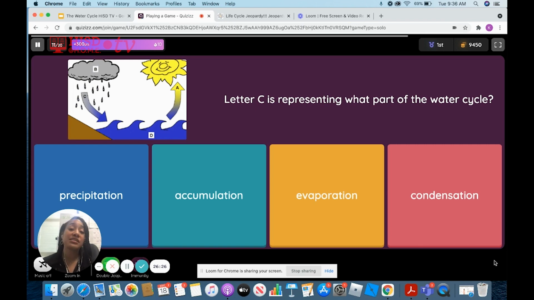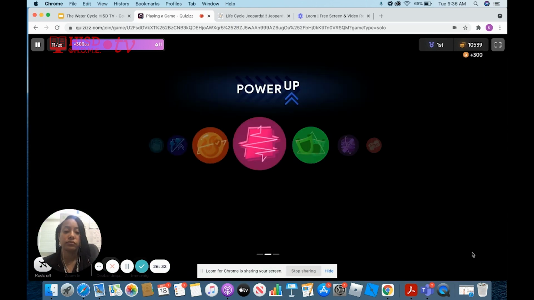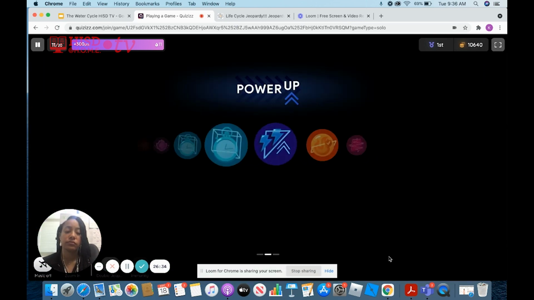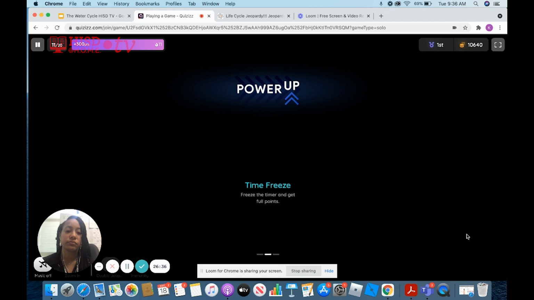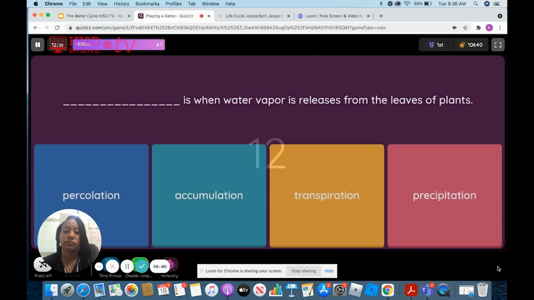Yes, the part of the water cycle that C is representing is called precipitation. Blank is when water vapor releases from the leaves of plants. Yes, so when water vapor leaves the plants, we call that transpiration.